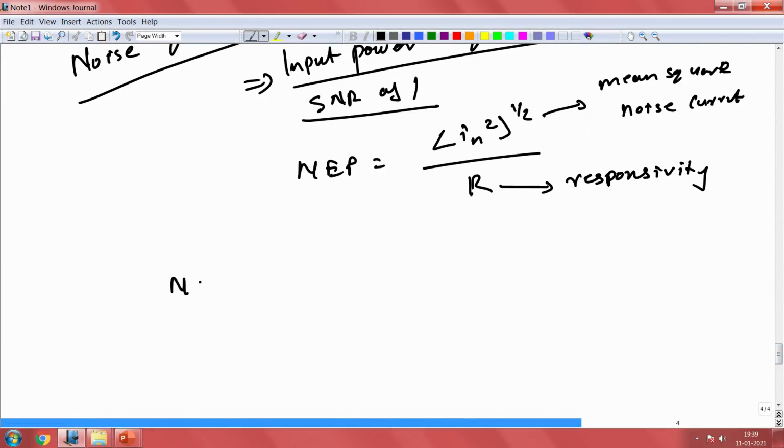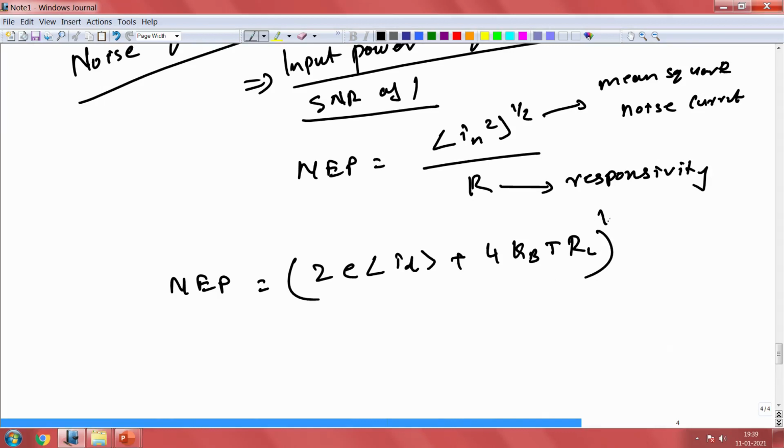Your noise equivalent power can be written as the square root of 2eID plus 4 kBT over the load resistance, divided by R. This is normally measured in terms of bandwidth, as you can see there is a bandwidth under the root. It is defined with respect to the external circuit, because you cannot neglect that.